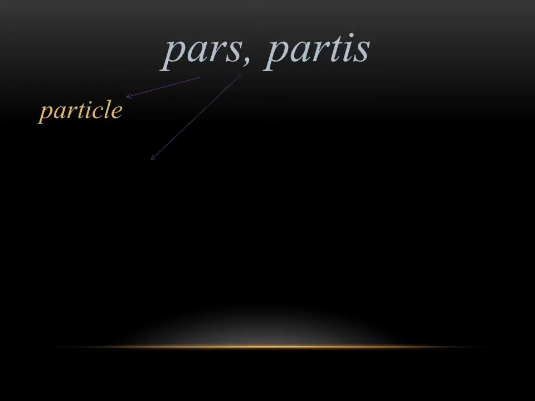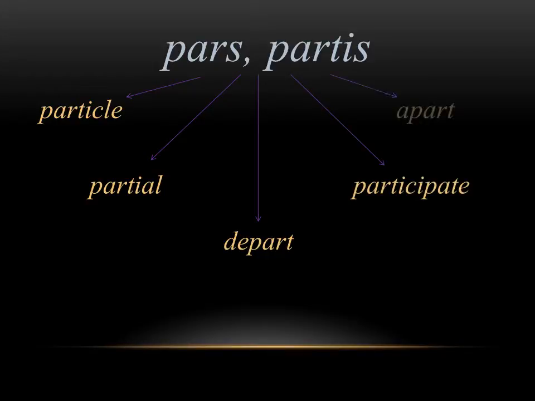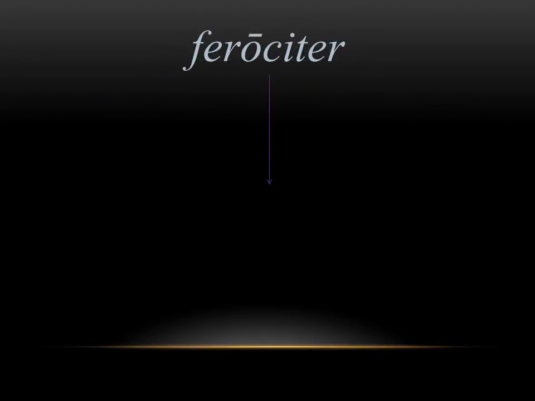Pars means part in Latin. And in English, we get the derivatives particle, partial, depart, participate, and apart. They're all coming from that same meaning of part of something. Ferociter means fiercely. It's an adverb in Latin, and in English, it has the same root as our word ferocious. And you can tell it means basically the same thing.